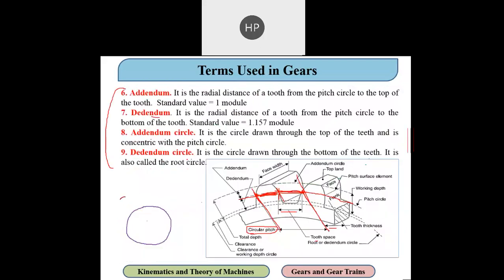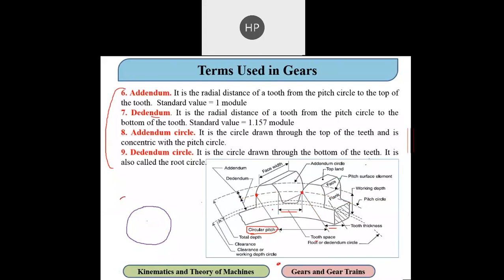So we know that, as you can see here, to define the circular pitch we have to consider these 2 points, the same point on the next tooth. Now this is one gear, so the gear has a center somewhere over here. If you have a round gear, it has a certain center.